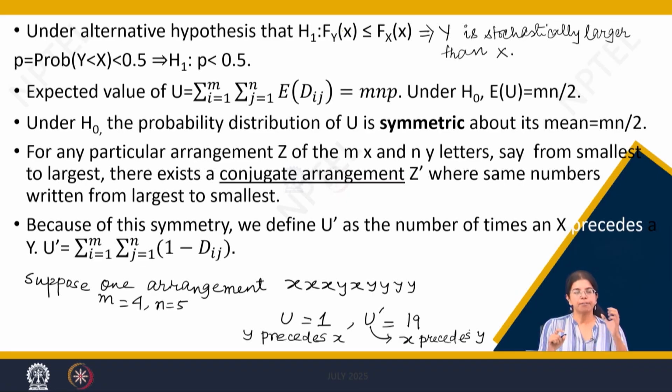So, essentially for every arrangement there exists one complementary, or statistically speaking, a conjugate arrangement.